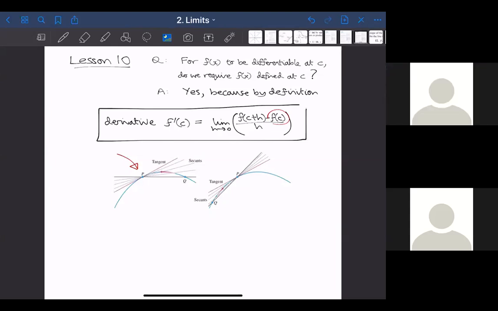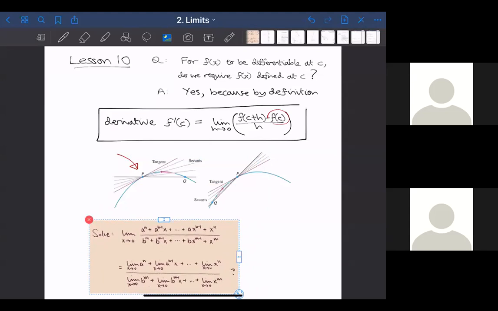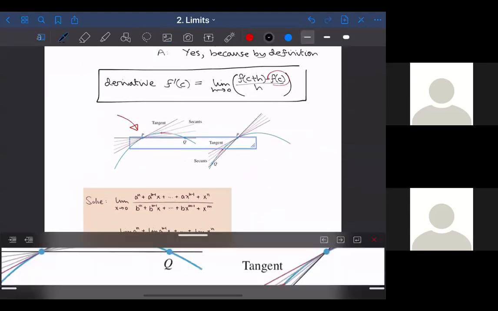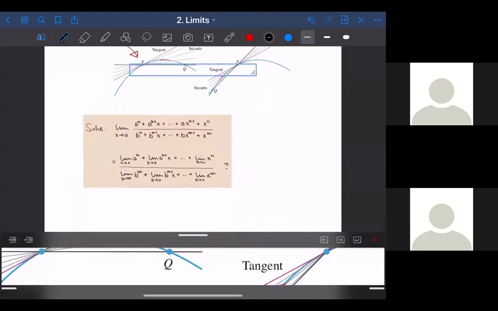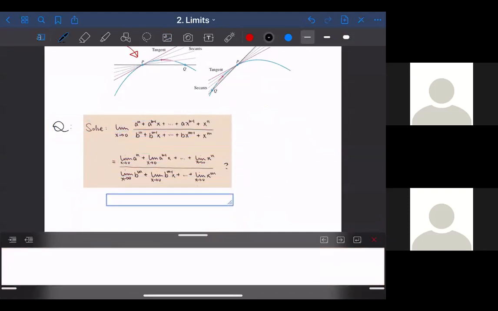Now, another question which was asked on the WeChat group, kindly provided as this text. So the question: is this true?